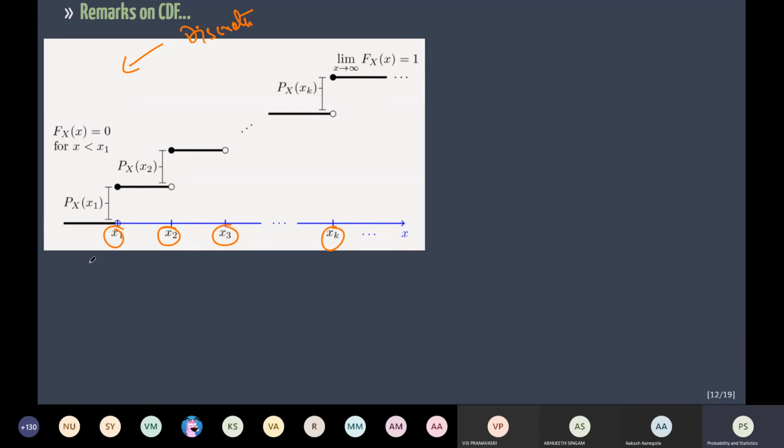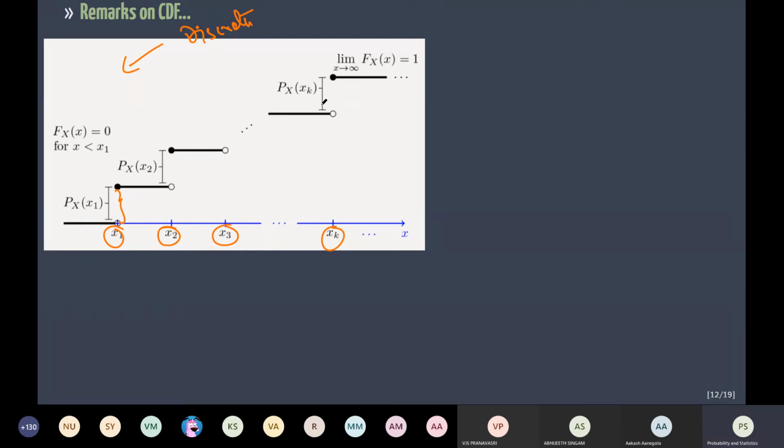So for x equal to x1 there is a jump, x equal to x2 there will be a jump, and so on. And these jumps are exactly the probability values that you are computing. So this height is the probability that x is equal to x1, and this height is the probability that x is equal to x2, and so on.